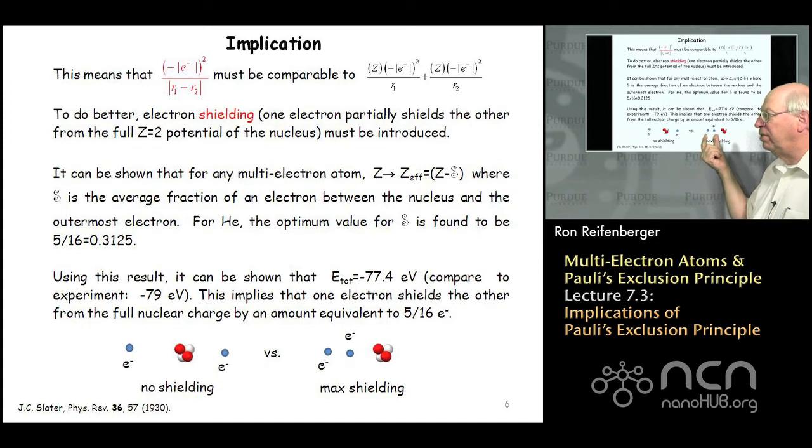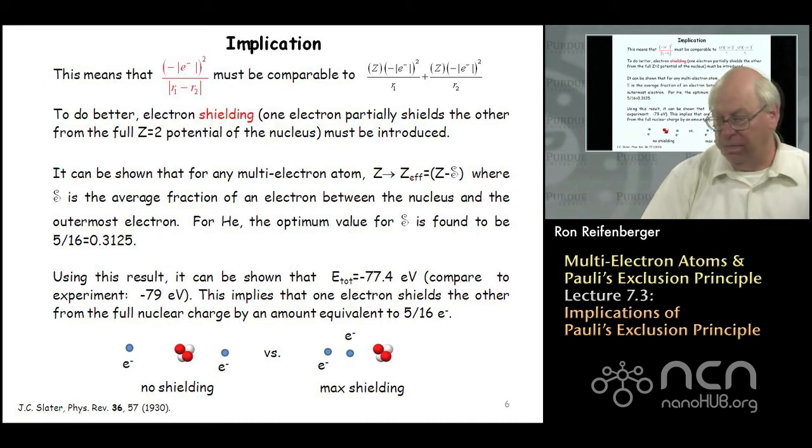It just basically means that this configuration here is favored over this configuration here, because in this configuration, both electrons see the full potential energy of the nucleus. Over here, this middle electron serves to shield the outermost second electron, and that tends to reduce the total energy of the system and brings a theoretical calculation into pretty close accord with experiment.